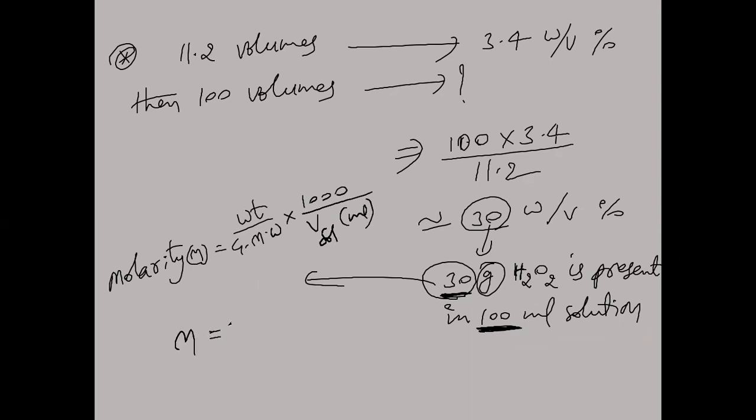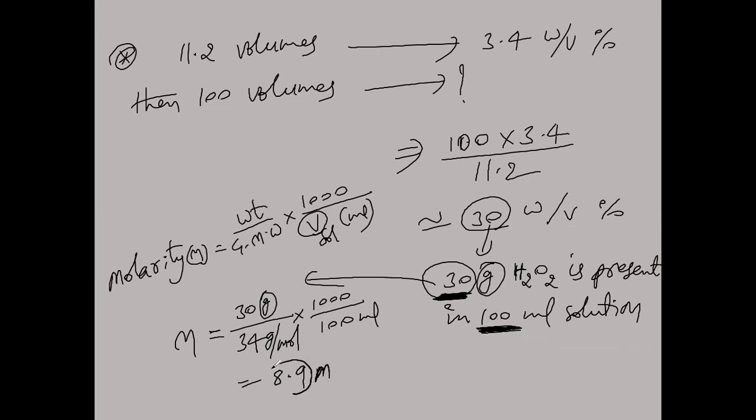M equals weight of H2O2, 30 grams, upon gram molecular weight of H2O2, 34 grams per mole, into 1000 by volume of solution, 100 ml. So again it is nearly 8.9 molar. Again molarity we get 8.9 only.